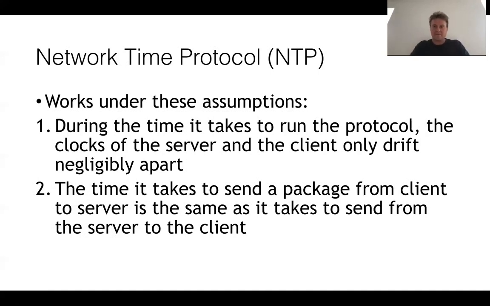The second assumption, which is even braver, is that we are on a network where we don't know the delay. However, we assume that the delay is approximately the same in both directions. So if I send a message from the client to the server, that would take approximately as long as sending it from the server to the client.